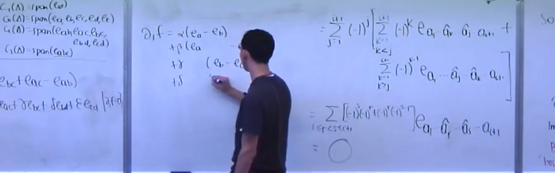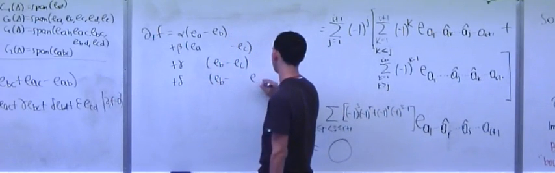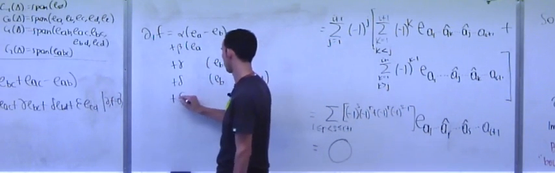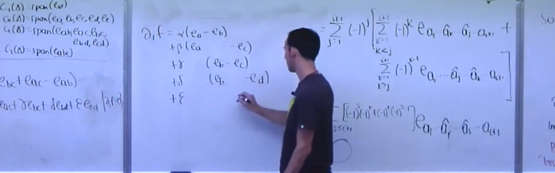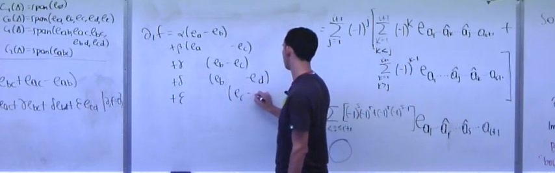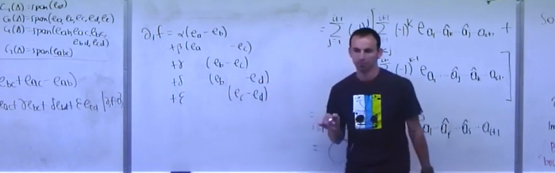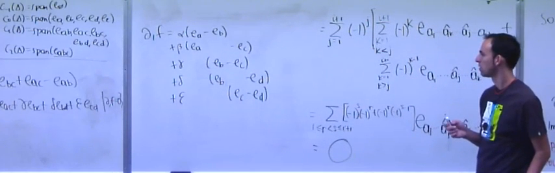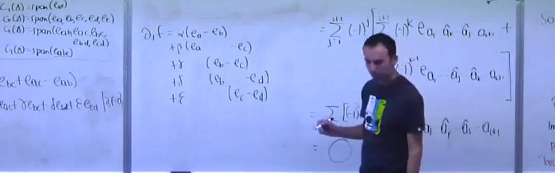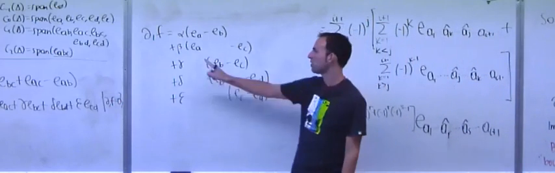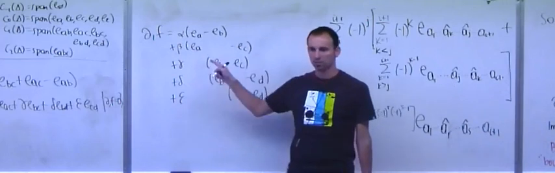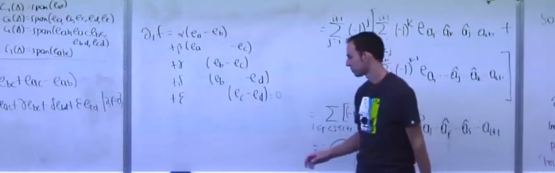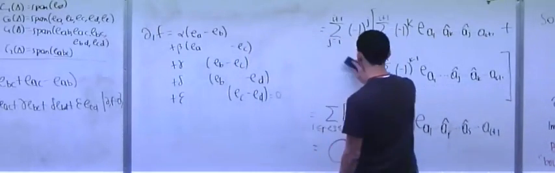The boundary of BD is EB minus ED. And the boundary of CD is EC minus ED. Okay? And I need this to be 0. Right? So what I'm after is I need to find the alpha, beta, gamma, delta, and epsilon such that when I compute this big thing, I get 0. So it's a little bit tricky, but we can do it.